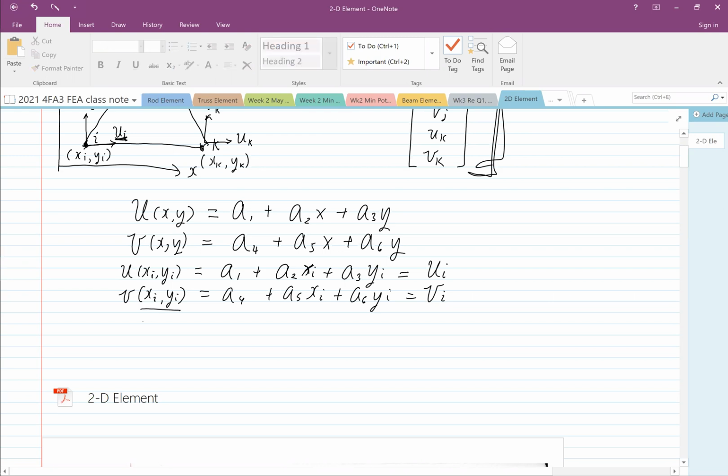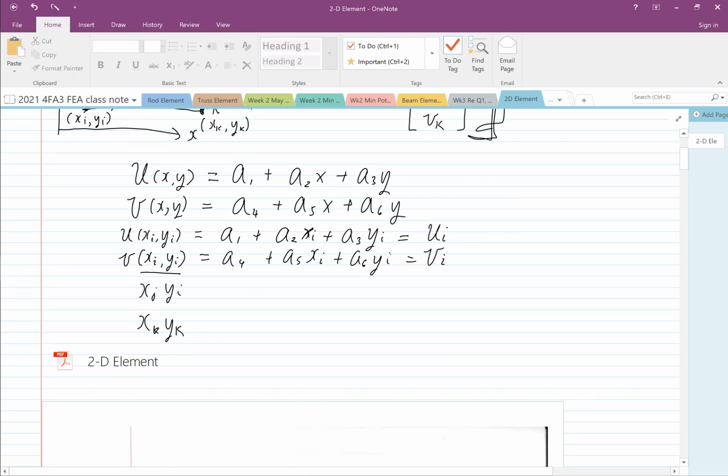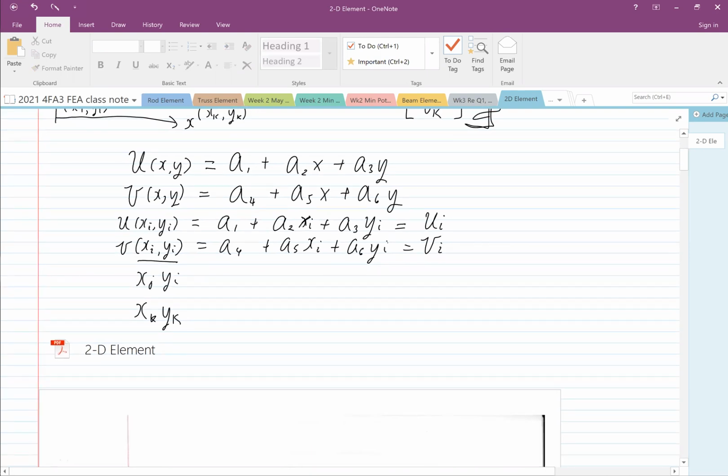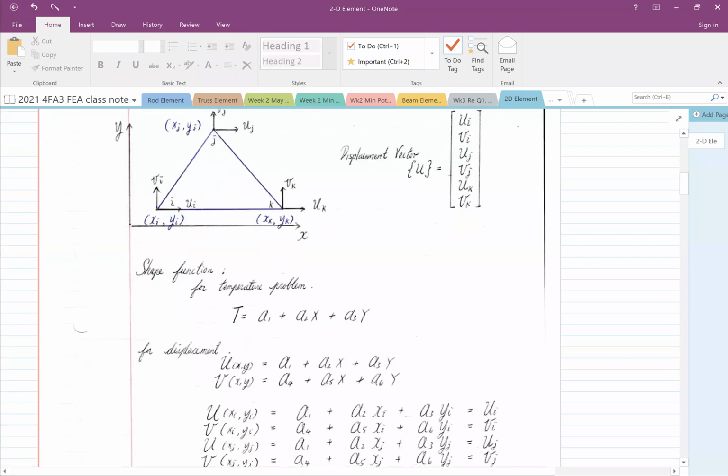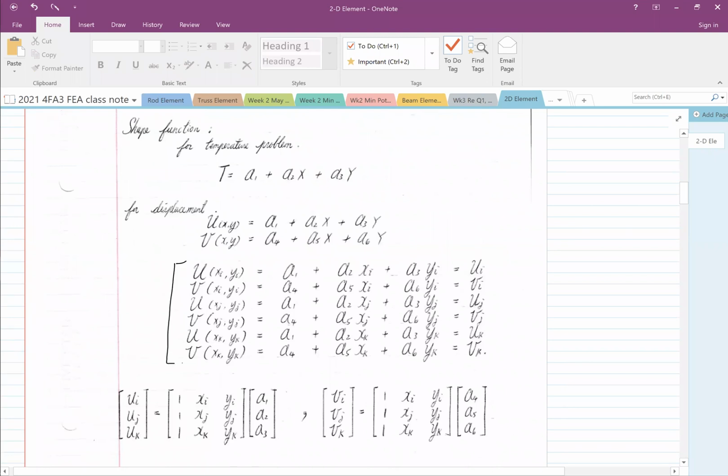We do the same thing with xj, yj, and xk, yk. Okay, lots of writing. I'm being lazy, and I don't want you guys to run out of patience either, so I refer to the notes. This is what I did: I just substitute xi, yi, xj, yj, xk, yk into the equation and I get the result.